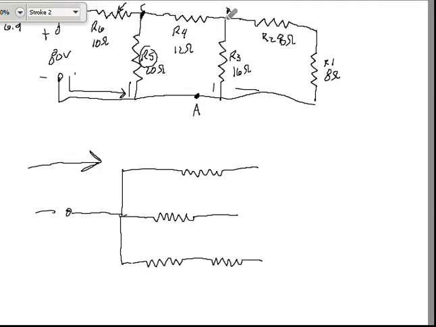Now, where these guys come together, I then have R4. And R4 remains in parallel with R5 until they come together here with R6 at the plus side.